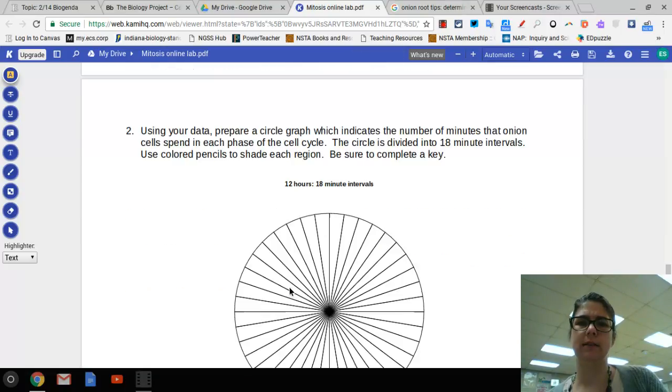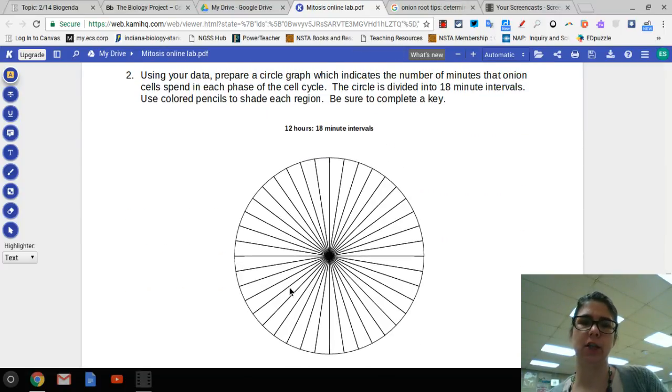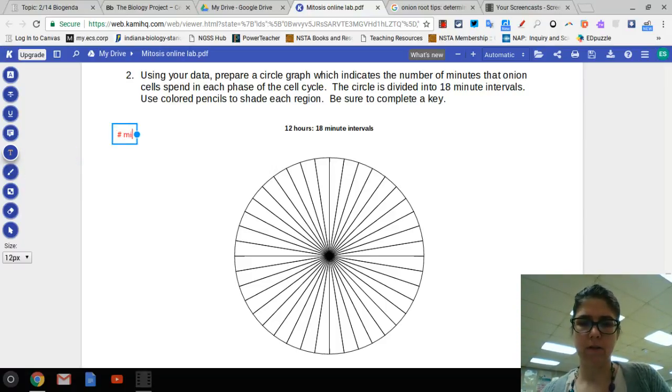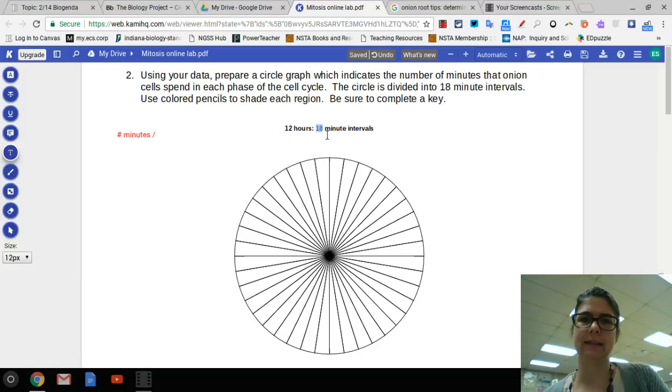Now, when you go on to do this part with the pie chart, you take your number of minutes from the chart above and divide it by 18. Notice that the pie chart uses 18-minute intervals, so each pie slice is 18 minutes.